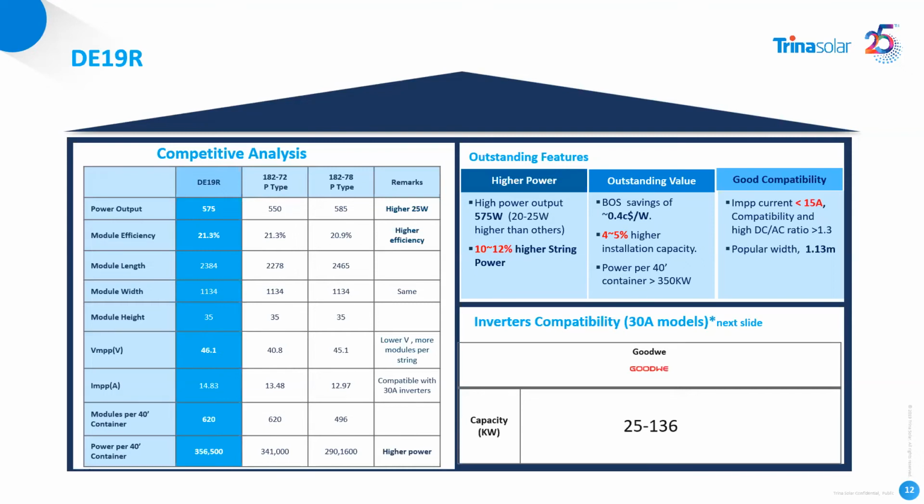And the power per 40-foot container is much bigger than the traditional one. We can ship around 350 kilowatts per 40-footer container versus the other competitors. And compatibility with the AC/DC ratio, especially from GoodWe, I think it's very compatible, especially for the C&I, starting from the 25 to 136 KTL.